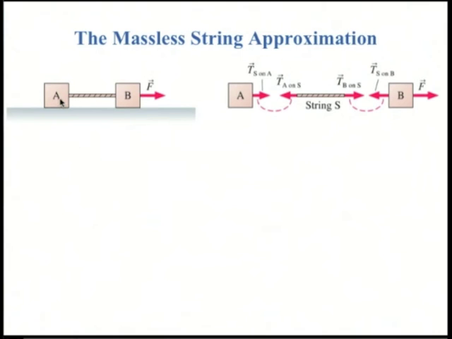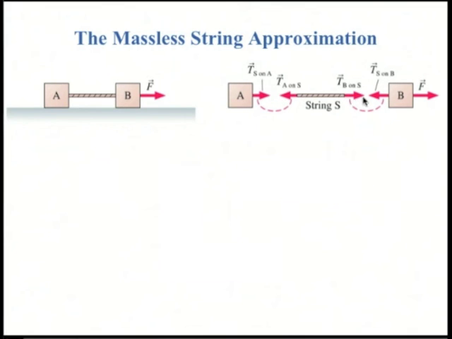Here we have two objects that are connected by a string, and there's a force pulling this object B to the right. So the whole thing will accelerate towards the right. Now if you examine the forces involved at the points where the string is connected to the objects, you've got the tension of the string on A to the right equals the tension of A on the string to the left.